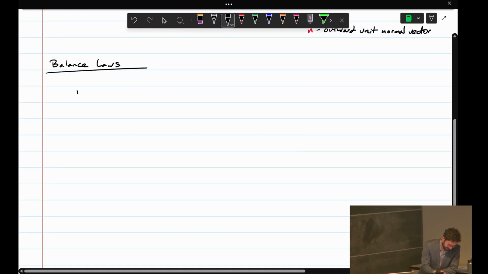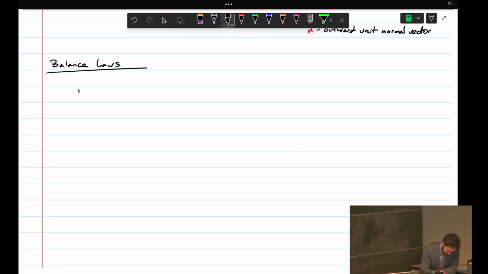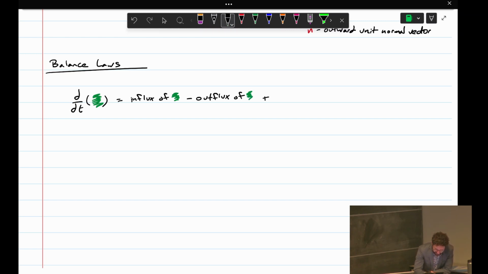So a balance law says that the rate of change of something, and that something is just going to be a green kind of squiggly, is the influx, whatever that balance law is for, minus the outflux plus generation minus consumption.